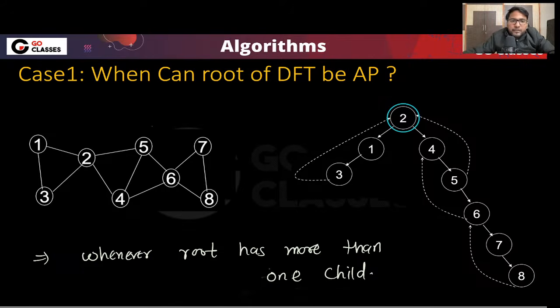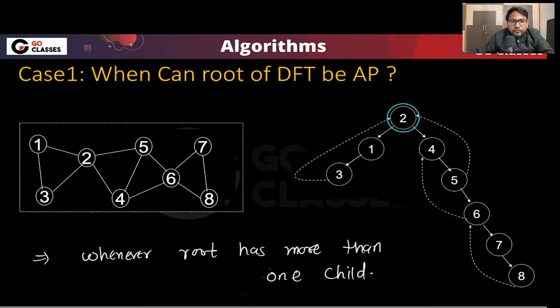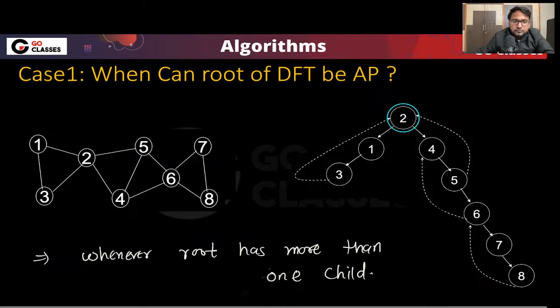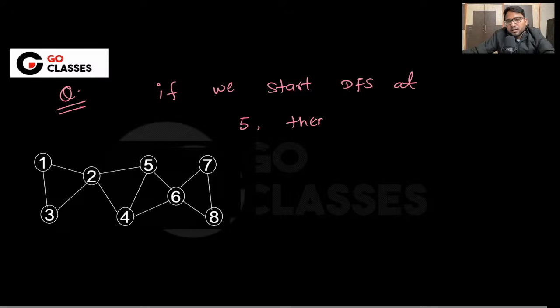See, if 5 is not an articulation point, let's suppose I ask you the question: if we start DFS at 5, the number of children of 5 will be?